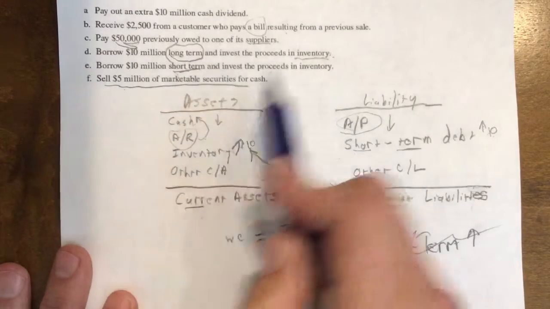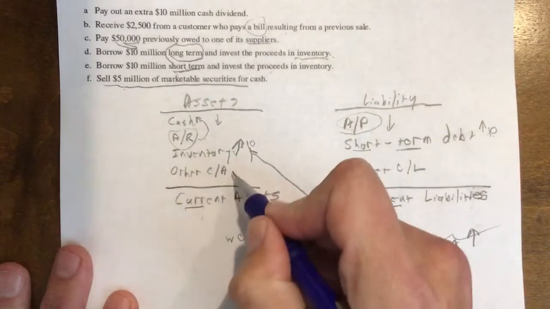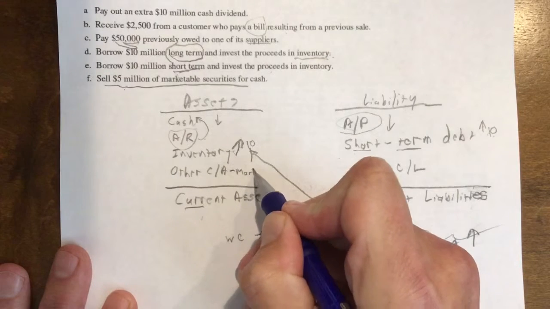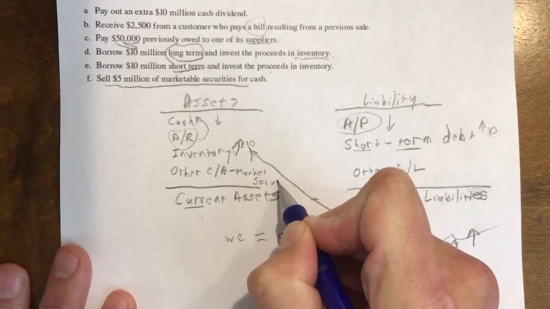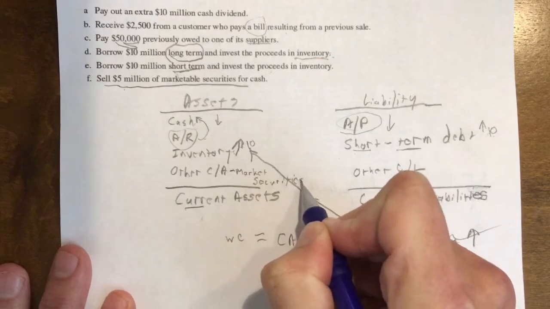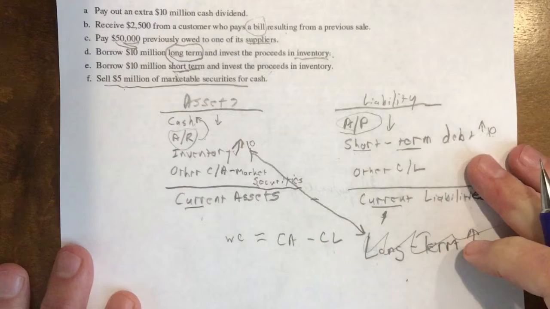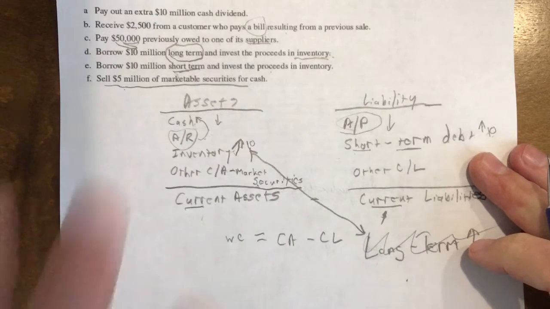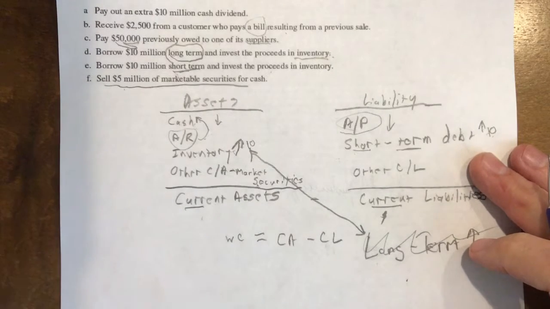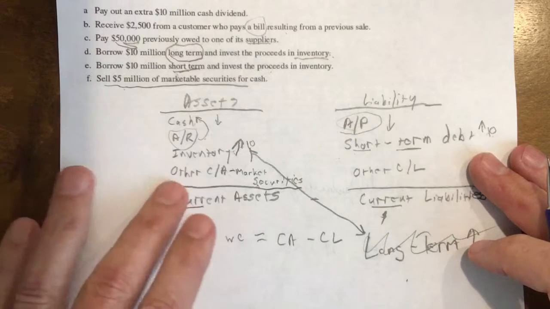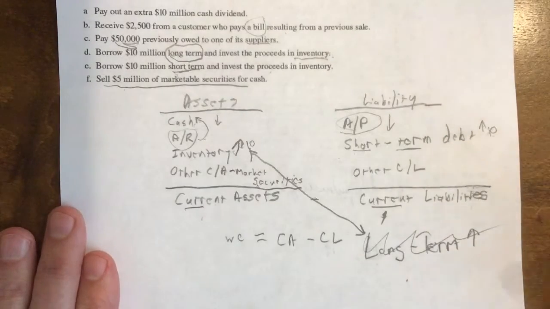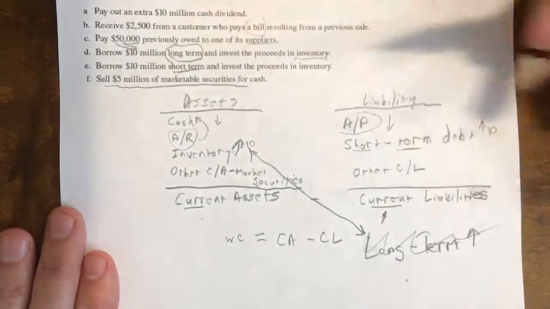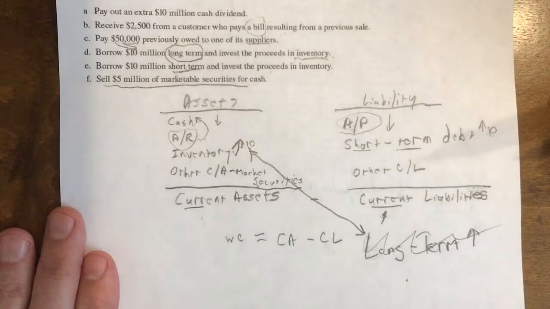Sell 5 million of marketable securities for cash. I didn't write it here, but marketable securities would be stocks, bonds, things like that. They're typically considered current assets. There are some situations where if those securities are reserved for some purpose, they may be considered a long-term asset, but we'll assume the more typical scenario where marketable securities are a current asset.